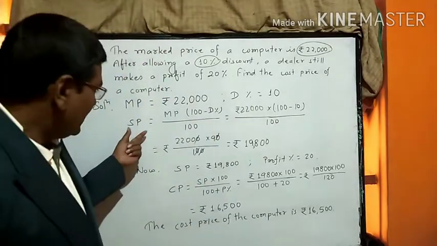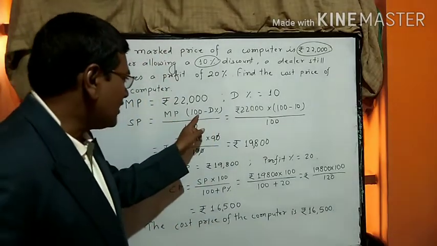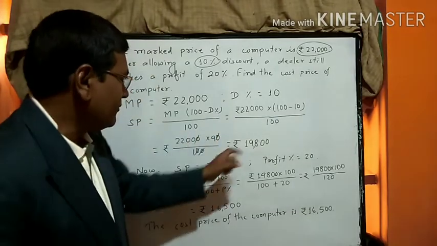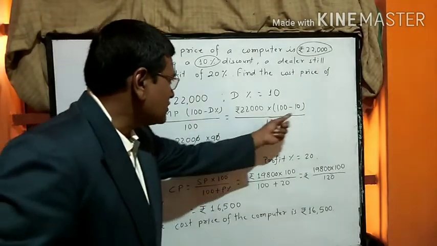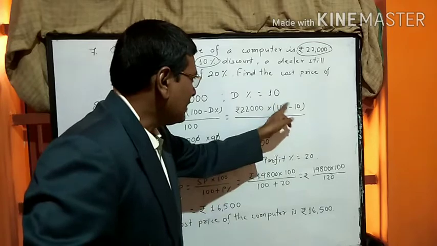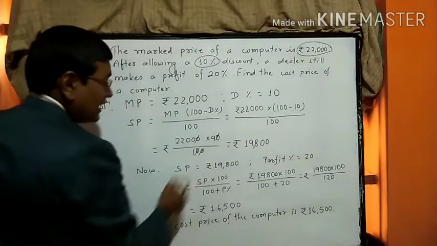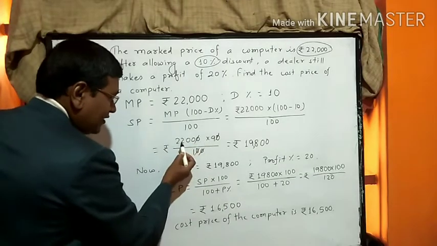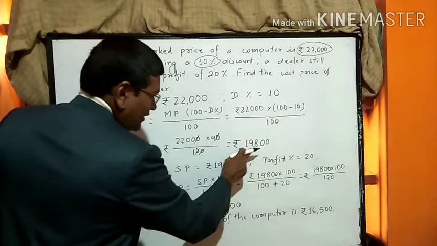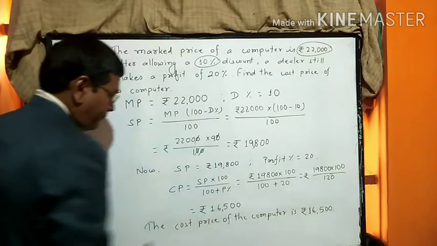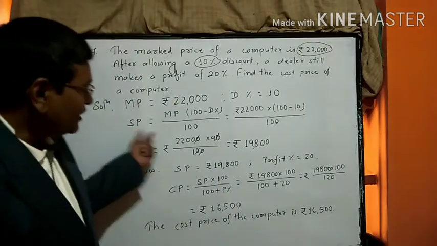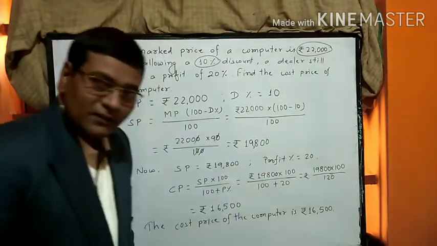Use the formula SP equal MP into 100 minus discount percent by 100. Put the value 22,000 and 10. 100 minus 10, 90. 1 0 cancelled, 1 0 cancelled. 9 2 ja 18, 9 2 ja 18, 1 19. 19800. So SP of the computer is 19,800.